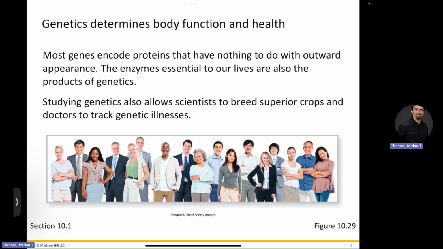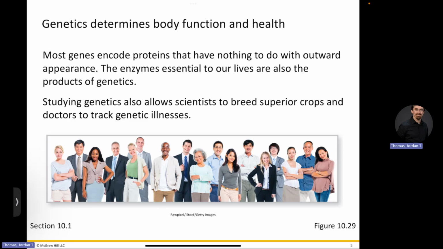Genes also predict body function and health. Most genes include proteins that have nothing to do with the outward appearance. The enzymes essential to our lives are also the products of genetics. Studying genetics allows scientists to breed superior crops and doctors to track genetic illness. Not only can genes be used to predict the appearance of offspring, but they can also be used to produce superior crops.